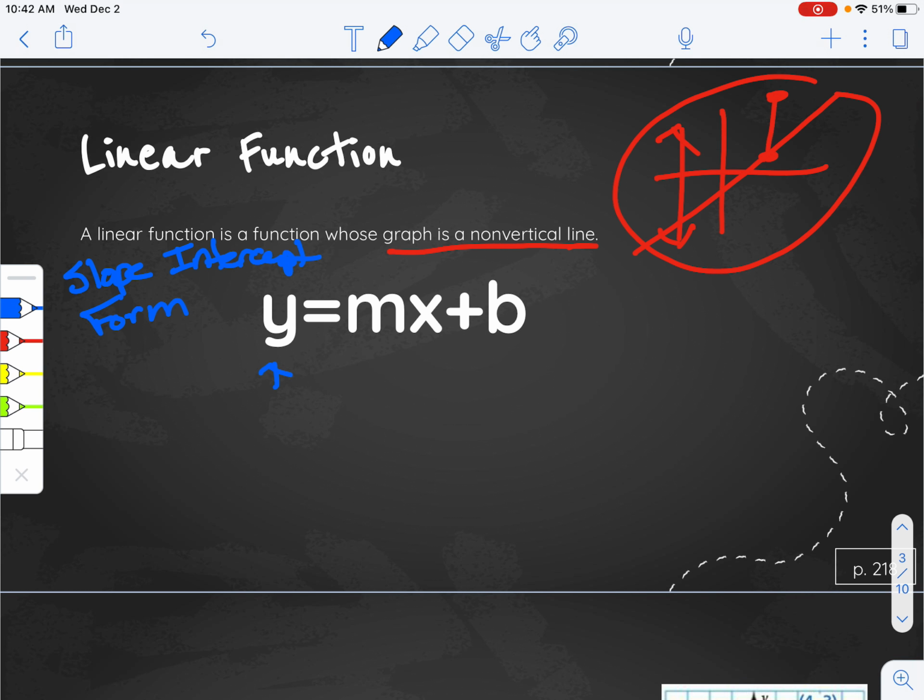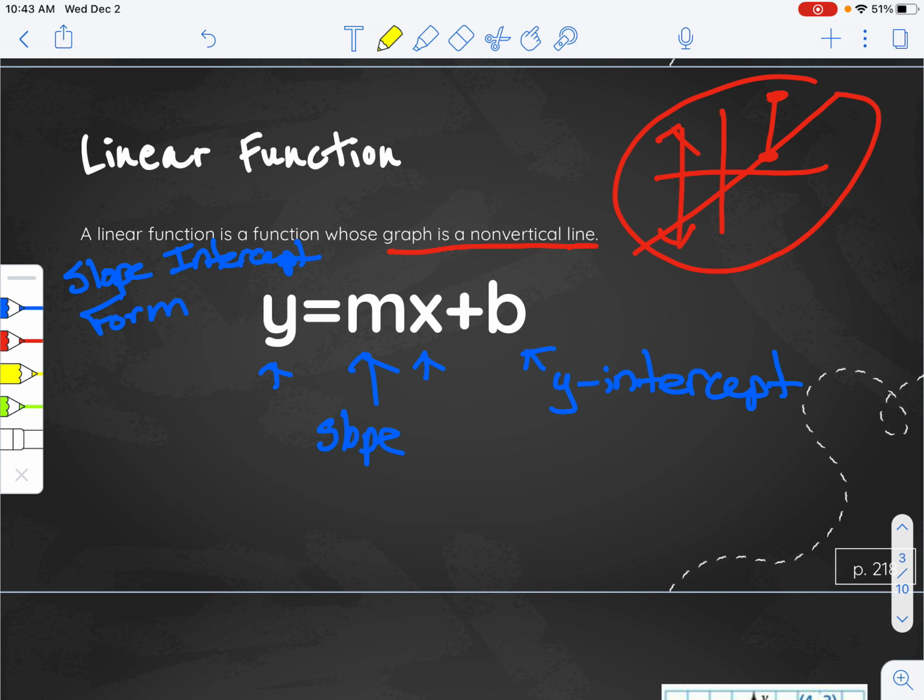In this form, y is a variable, x is a variable, but m represents the slope of a line, and our b value is always going to be the y-intercept of a line.